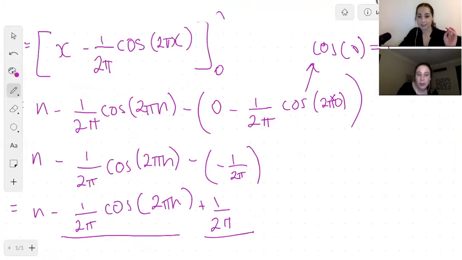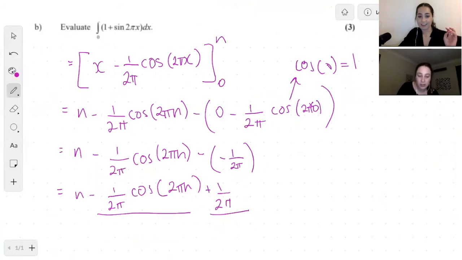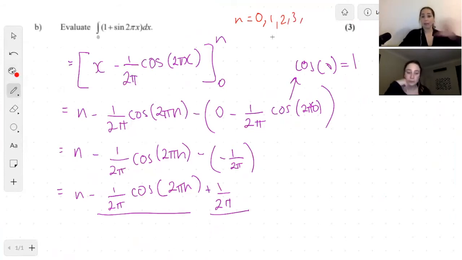Are we trying to work out n, or are we just simplifying still? Well, we're still simplifying, but I told you from the beginning that n represents any integer. So n could represent 0, 1, 2, 3, and whatnot. And the negatives as well.